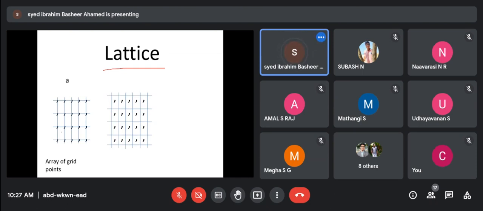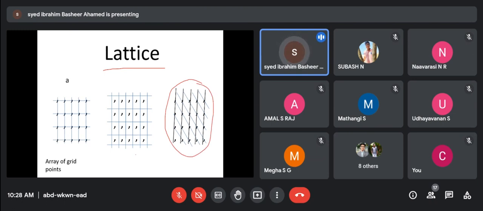You can make these array points with a different origin as well, just like this, or you can make the grid lines in a different format, in a cross way, whatever way.